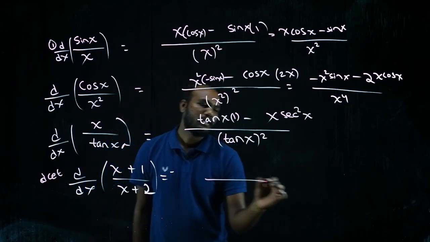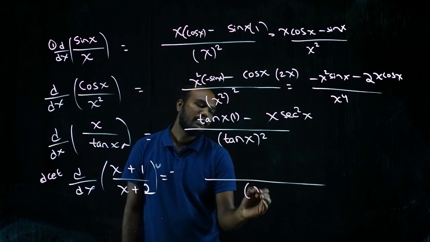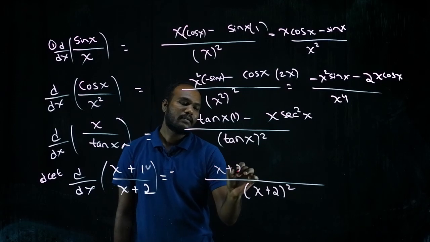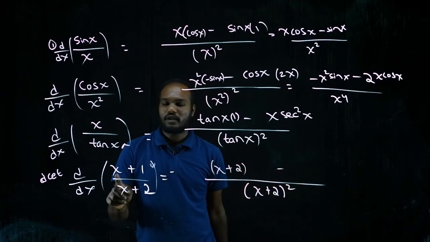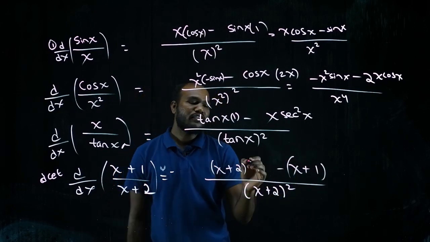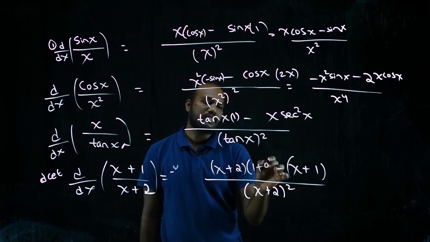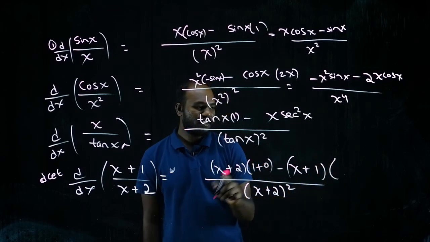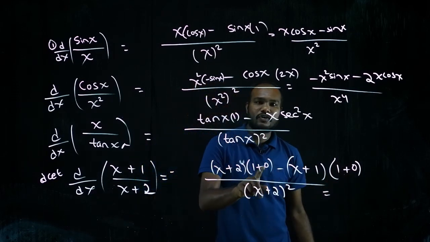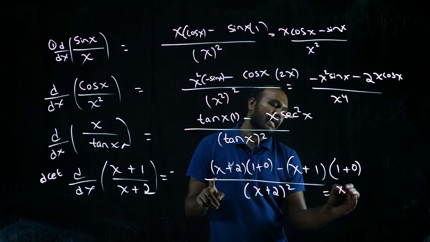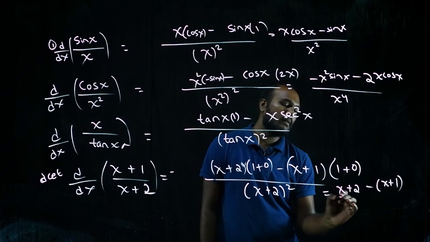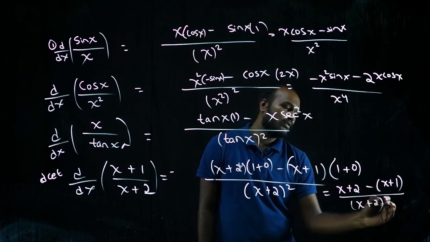DCET question ಸಾಲ್ವ್ ಮಾಡೋಣ. ಚಲ್, ಫಸ್ಟ್ ಏನ್ ಮಾಡಬೇಕು, ಡಿನಾಮಿನೇಟರ್ ಹೋಲ್ ಸ್ಕ್ವೇರ್. ಸೊ ಡಿನಾಮಿನೇಟರ್ ಏನ್ ಬರ್ಕೊಂಡಿದ್ರ ಮತ್ತೆ ಅದನ್ನೇ ಬರ್ಕೋಬೇಕು, ಮೈನಸ್. ಸೊ ಇಲ್ಲಿ ಏನಿದೆ x ಪ್ಲಸ್ 1, ಇದ್ರ ಡಿಫರೆನ್ಸಿಯೇಷನ್ ಇಲ್ಲಿ, ಇದ್ರ ಡಿಫರೆನ್ಸಿಯೇಷನ್ ಇಲ್ಲಿ. x ಡಿಫರೆನ್ಸಿಯೇಷನ್ 1, ಪ್ಲಸ್ 1 ಡಿಫರೆನ್ಸಿಯೇಷನ್ 0. x ಡಿಫರೆನ್ಸಿಯೇಷನ್ 1, 2 ಡಿಫರೆನ್ಸಿಯೇಷನ್ 0. ಸೊ ಏನಾಗುತ್ತೆ, 1 plus 0 is 1, 1 into x plus 2 is x plus 2, minus x plus 1 into 1 is x plus 1, divided by x plus 2 whole square.